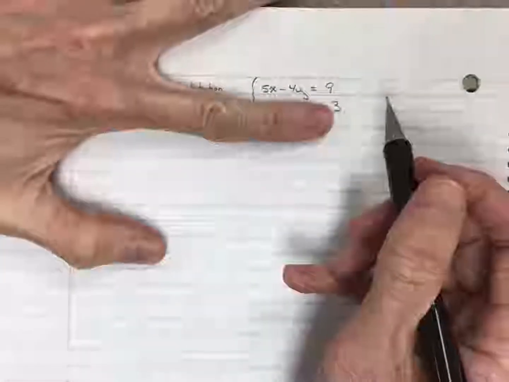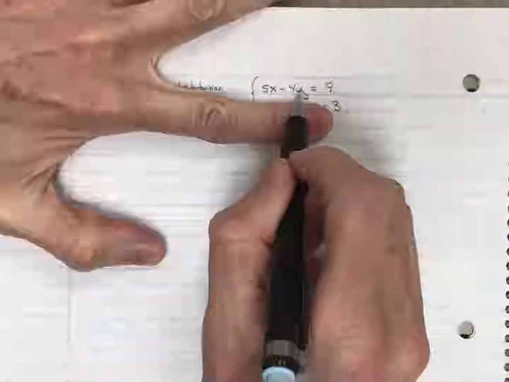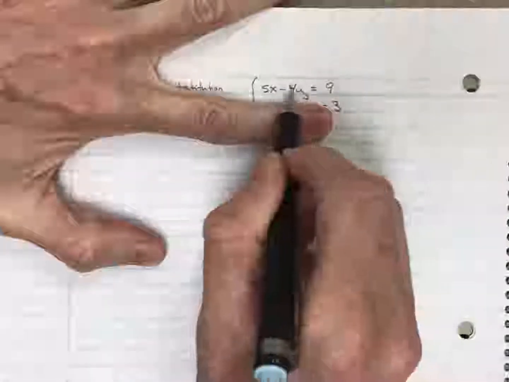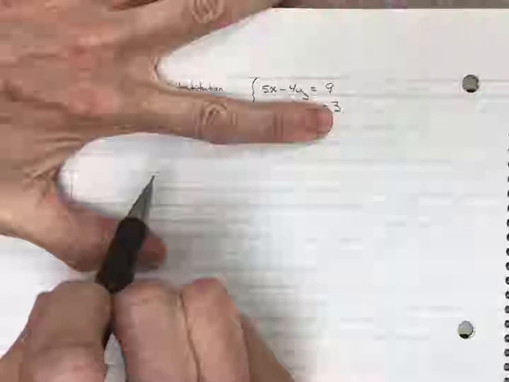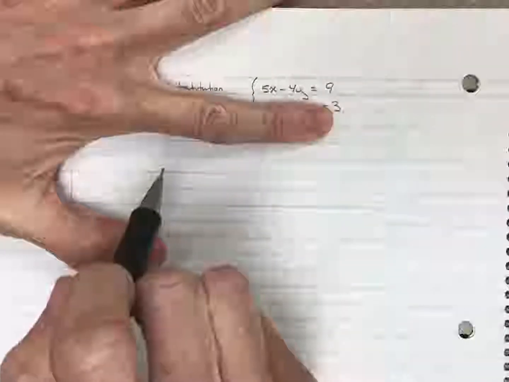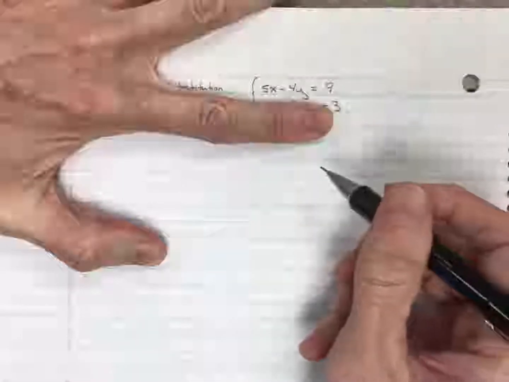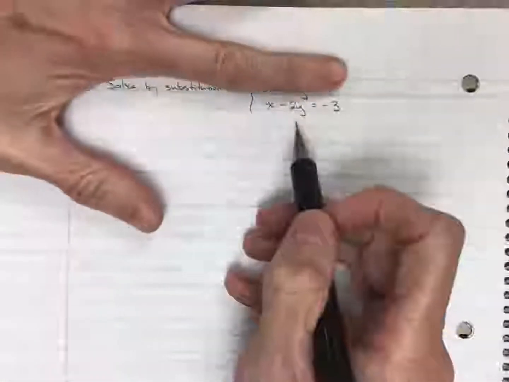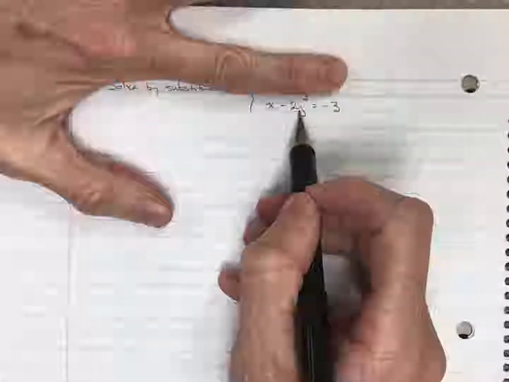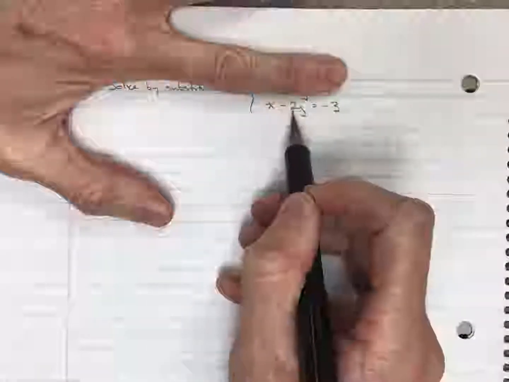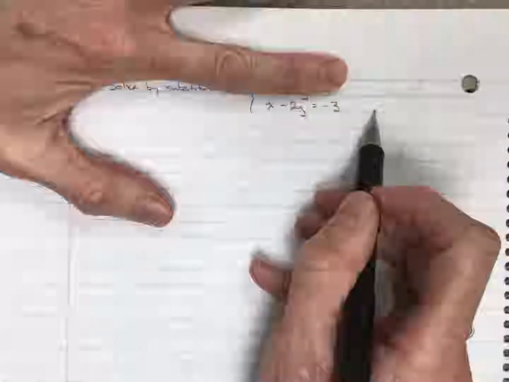For example, if I were to look at the first equation, solving for y or solving for x is going to result in a fraction, and maybe more than one. Working with fractions is an area that most students struggle with, and everybody struggles with. If I look at the second equation, if I solve for y, I'm going to have to divide by negative 2. I'm going to have fractions.